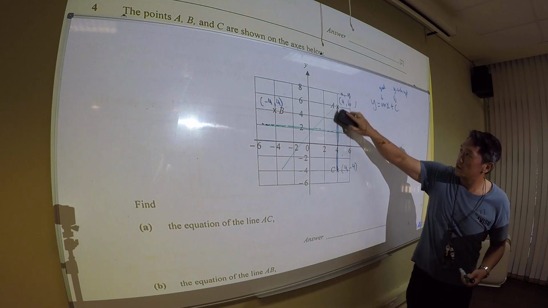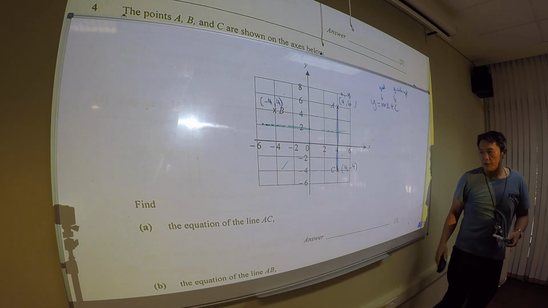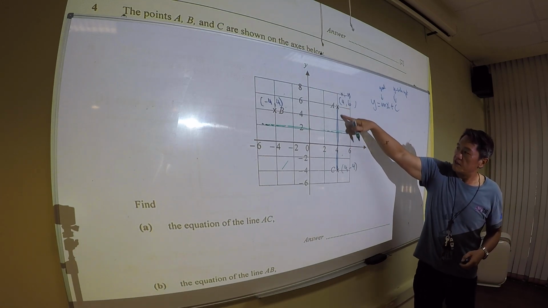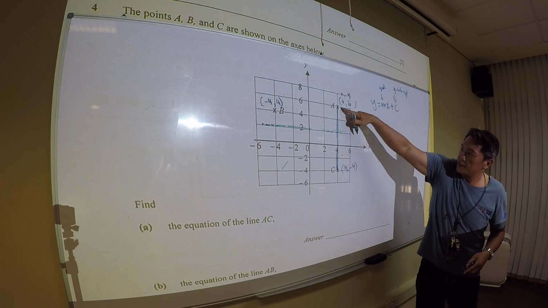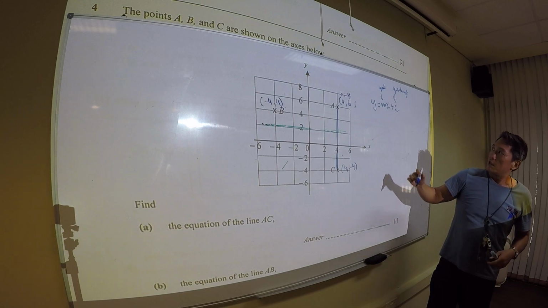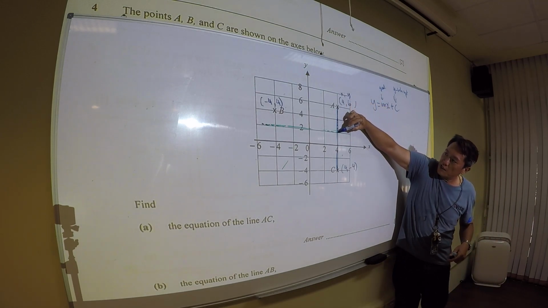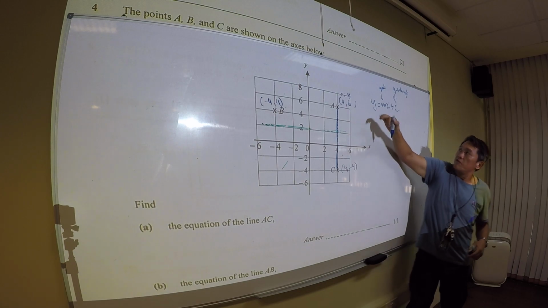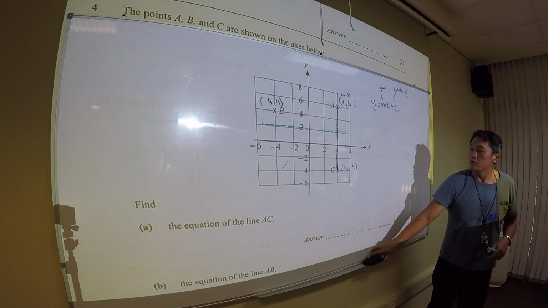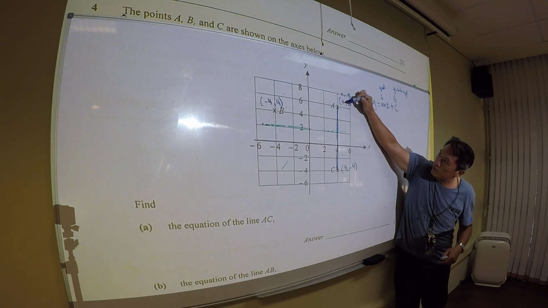But for a line that is vertical or horizontal, there is another way to write the equation. So first, this straight line AC. The equation means any point on the line will follow the equation.